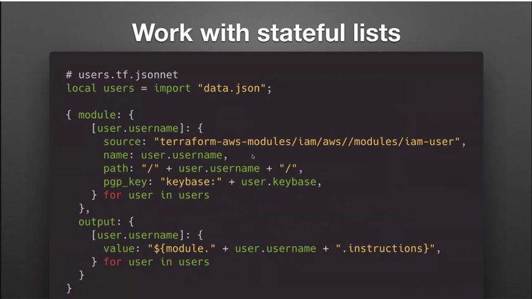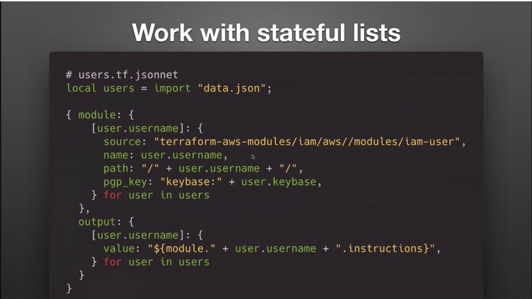Jsonnet is a data templating language by Google, which is quite popular to automatically generate JSON files from data structures. So when we have some strange data and we have to go in a loop and create other strange data, that's exactly what we need for this case.